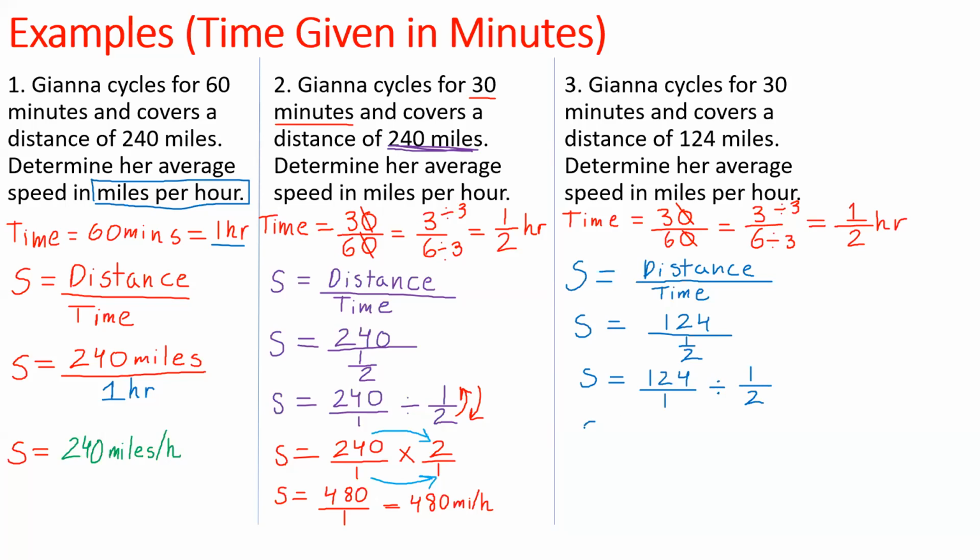KSF. Keep it, then switch it, so switch the division sign into a multiplication sign. And then we're going to flip 1/2: take this 2, put it on top, take this 1, put it at the bottom, and so we have 2 over 1.